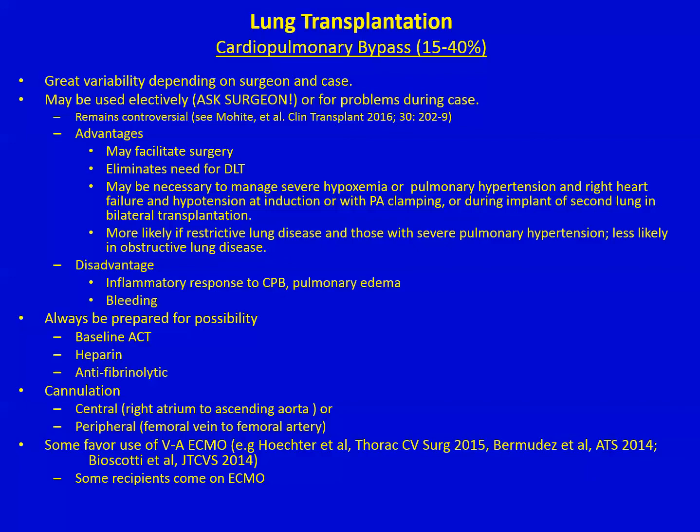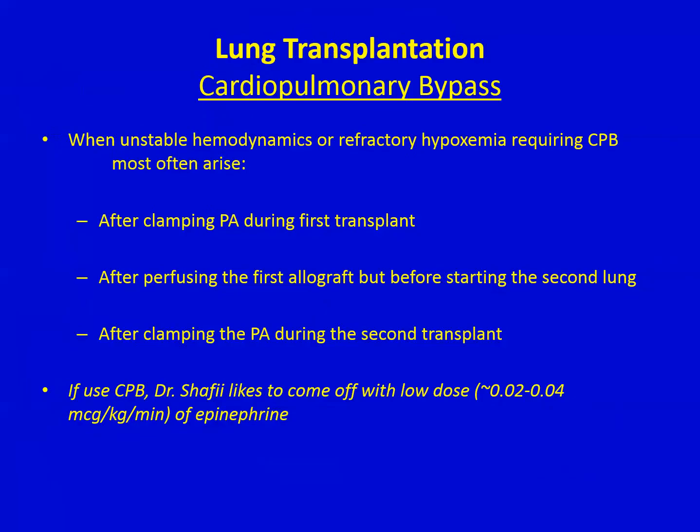In any case, one must always be prepared for the possibility by obtaining a baseline ACT, having heparin available, and an antifibrinolytic available. Cannulation may be either central from the right atrium to the ascending aorta or peripheral from femoral vein to femoral artery. Some favor use of VA ECMO instead of cardiopulmonary bypass, and some of the recipients may come on ECMO, which may be used during the transplant procedure.